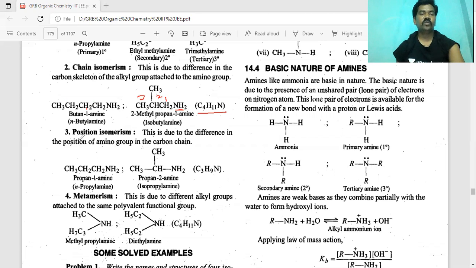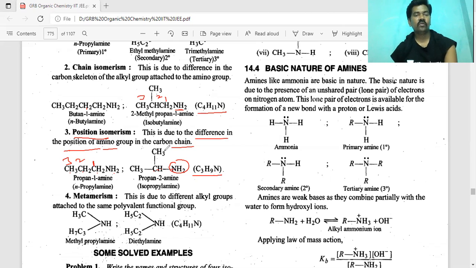Next, position isomerism. Actually here the difference is in the position of the amino group in the carbon chain. You can see these two examples, C3H9N, CH3CH2CH2NH2, and here the same molecular formula. Here the functional group is attached to a primary carbon, and in the other one it is attached to the second carbon, 1, 2, 3.